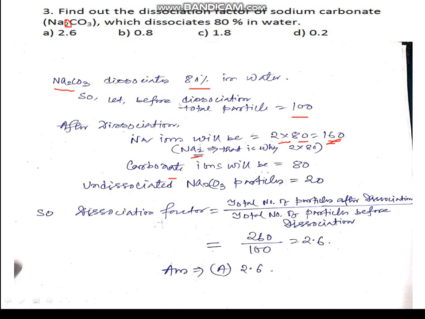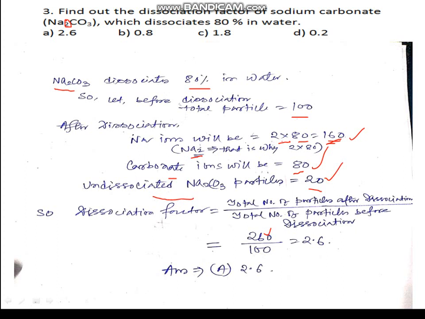carbonate ions, CO3, will be present. 80% dissociate, that means total 80, and undissociated sodium carbonate. 80% dissociate means 20 particles are not dissociated. So total particles after dissociation is 160 plus 80 plus 20, that is 260.